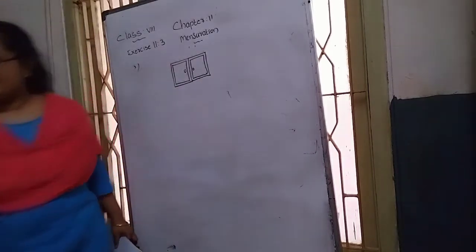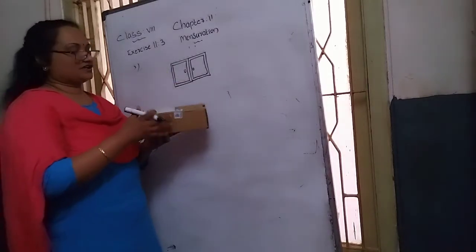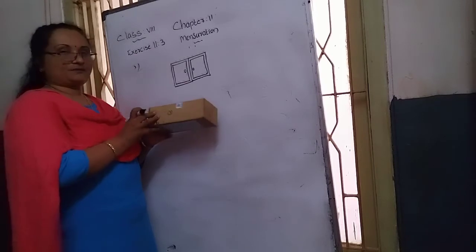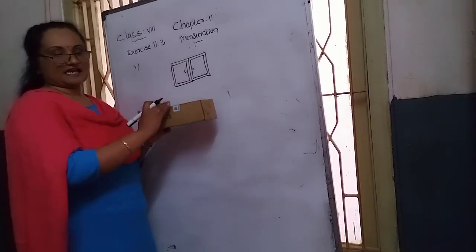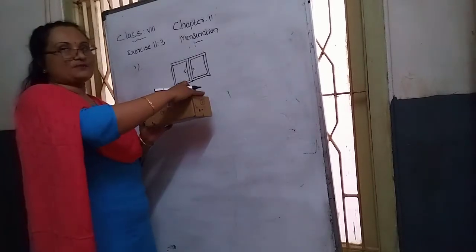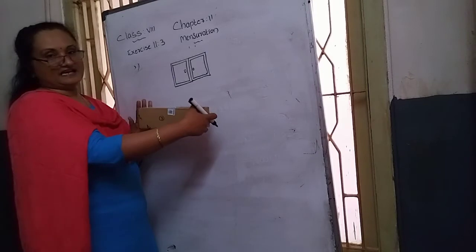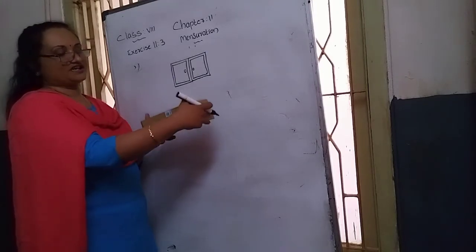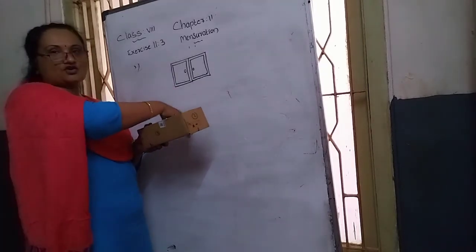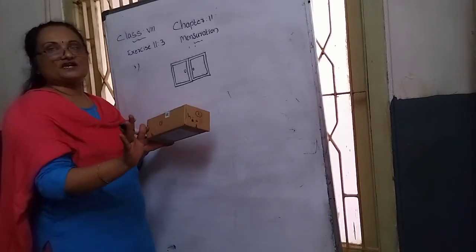The cabinet is in the shape of a cuboid. The top part is painted, the right side and left side parts are also painted, the front and back are also painted, but the bottom part is not painted.